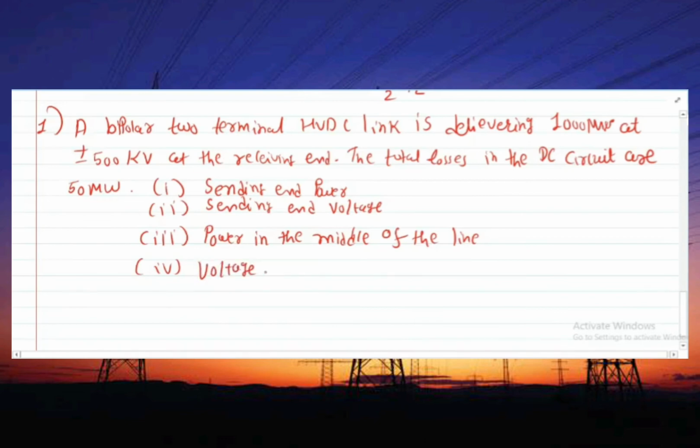And the fifth one is the total resistance of the DC circuit.